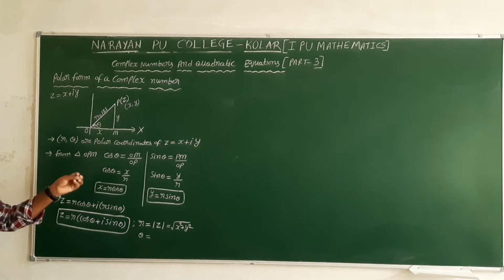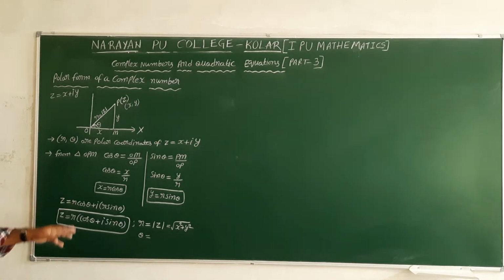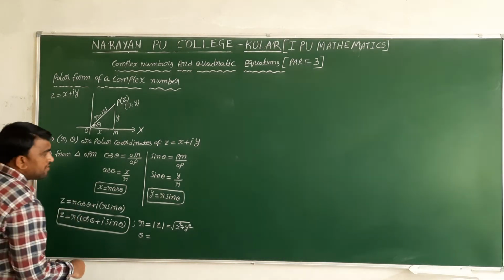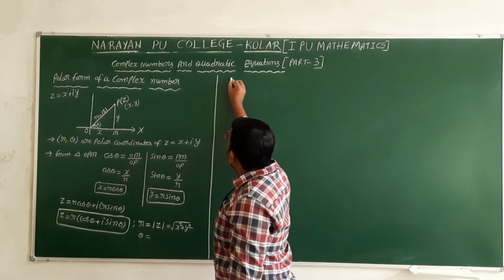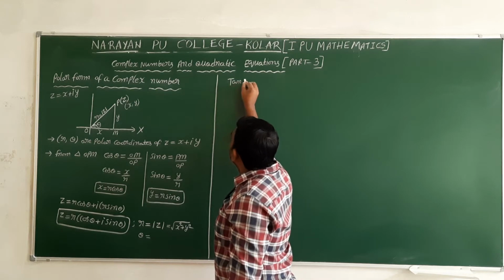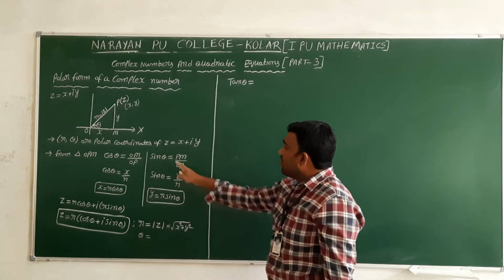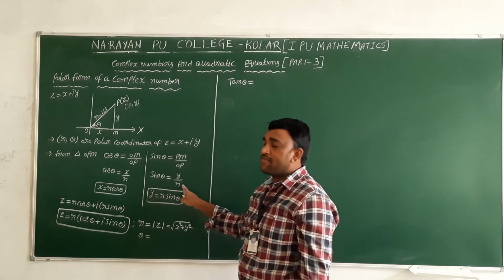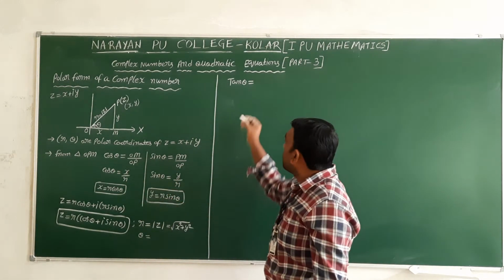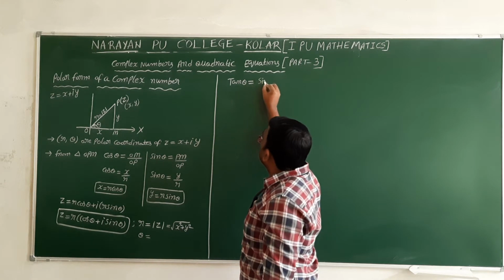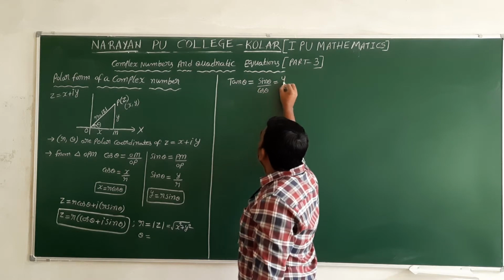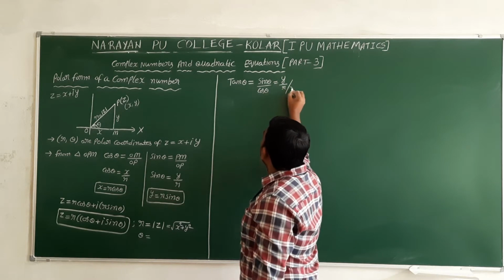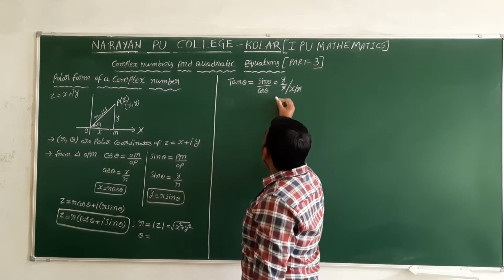To calculate the argument value, we apply a formula: tan theta equals, since sin theta is y by r and cos theta is x by r, y by r divided by x by r, the r cancels.